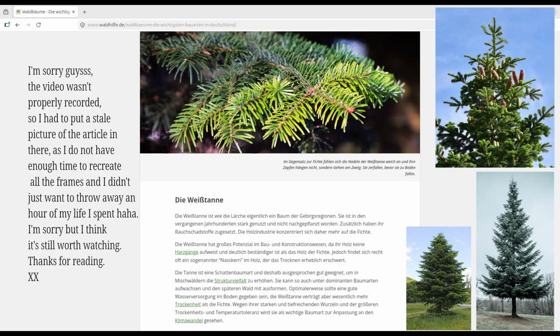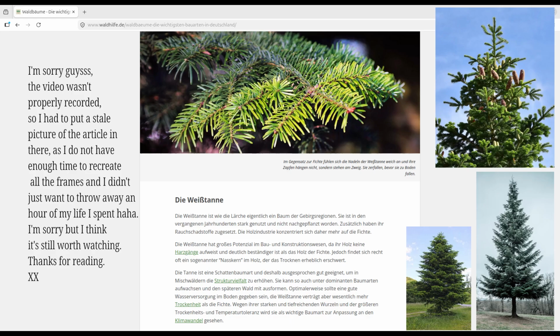Zur, to the, this is the feminine form because of the R. Die Fichte, feminine. Fühlen, feel, this is also the infinitive, but it's the plural form, sie fühlen, the they form.